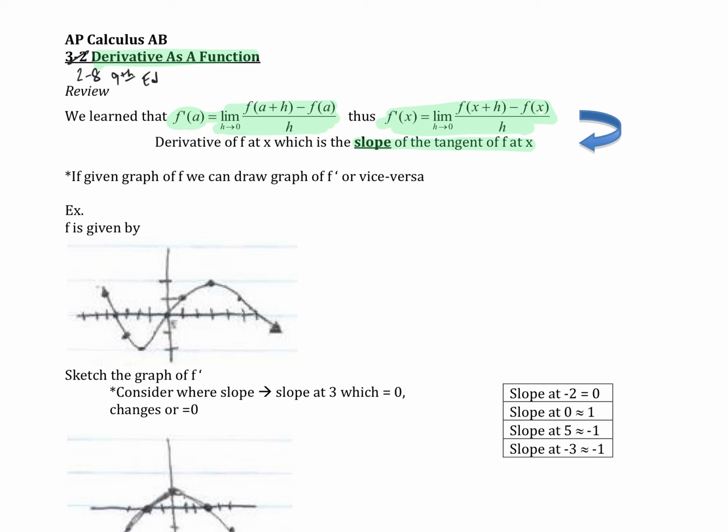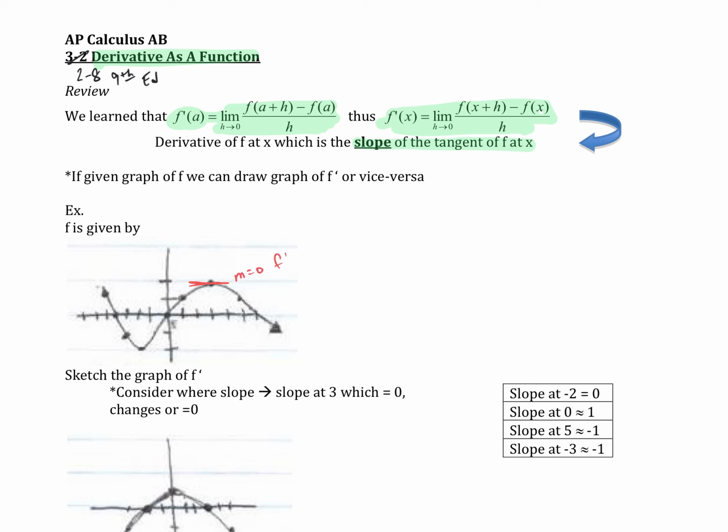Since we are sketching f prime, we need to consider some things. We are looking at the slope of the tangent, and the first thing you're going to want to do, and this is probably the best route, is find where the slopes are 0. So you want a horizontal tangent. I'm going to graph this directly on the same grid and then show you from what I did. So this is a horizontal tangent, which means the slope is 0.